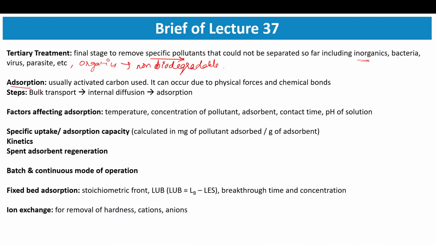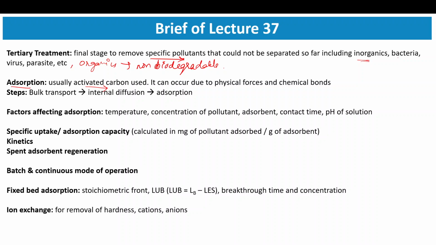Adsorption is a surface phenomenon, and in industries the conventional adsorbent that is used is activated carbon. Why do we use activated carbon? Because of its high surface area as well as the large number of pores it has.